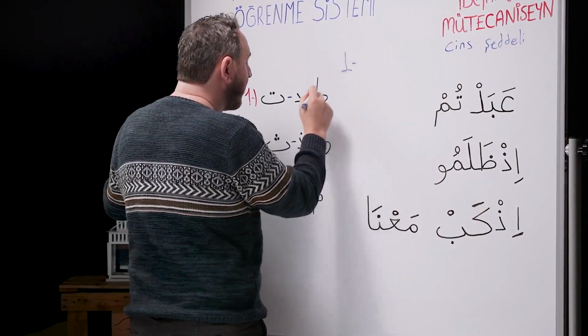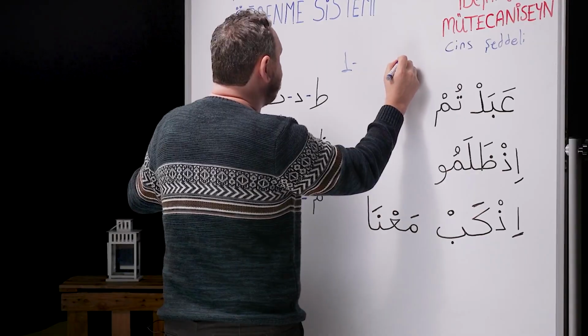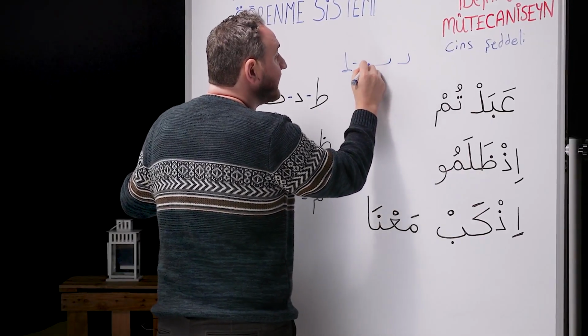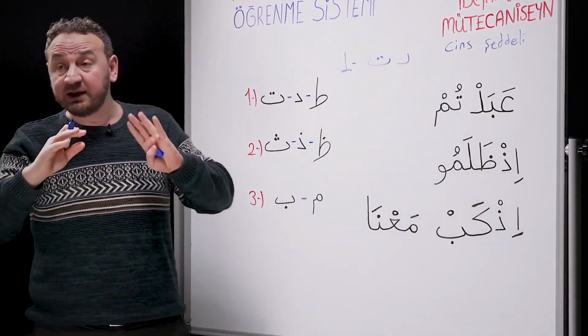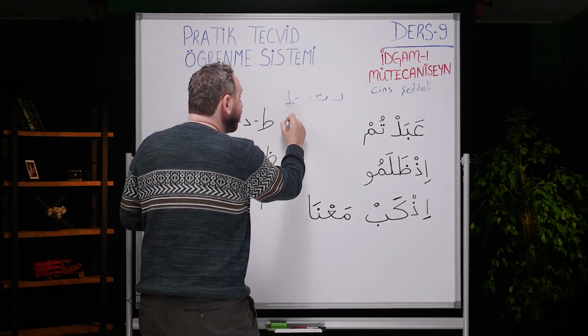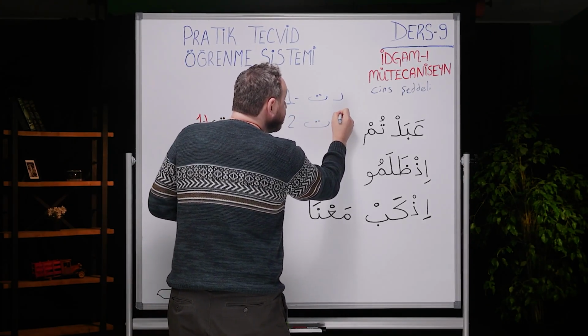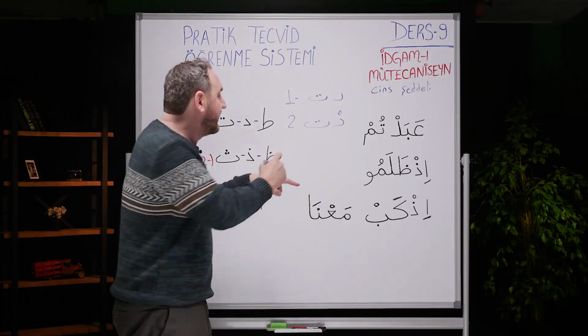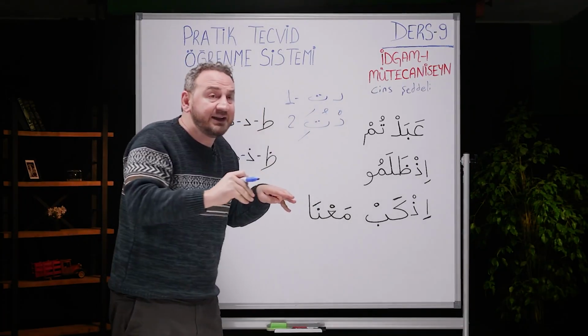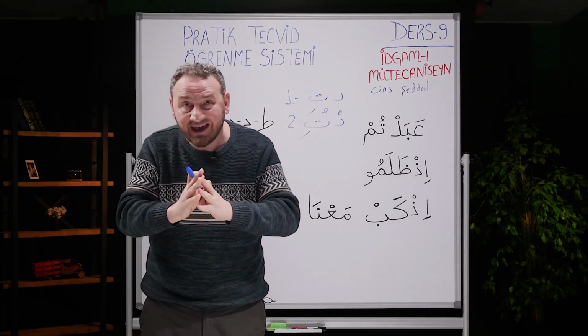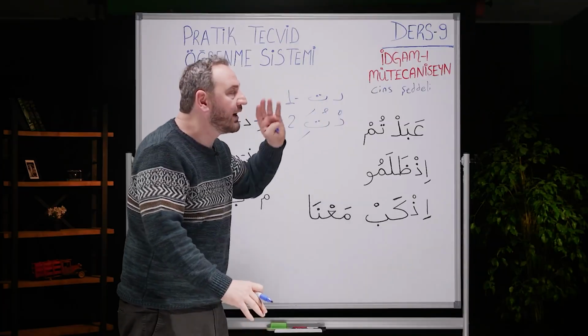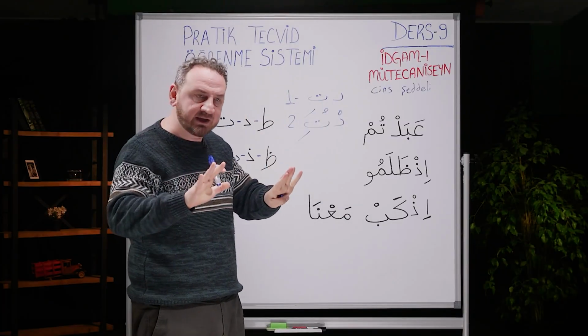If we were to give an example, let's say dal and ta came next to each other. Would that be enough? No. One of the letters must have jazm on it. And what happens? The other letter has an overline, underline, or comma, meaning any haraka. Idgham Mutajaanisayn.